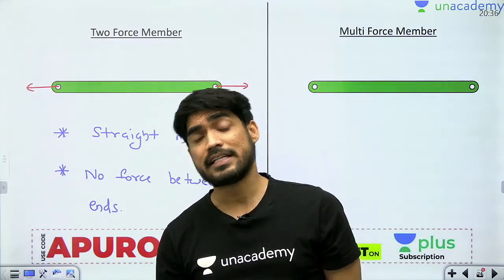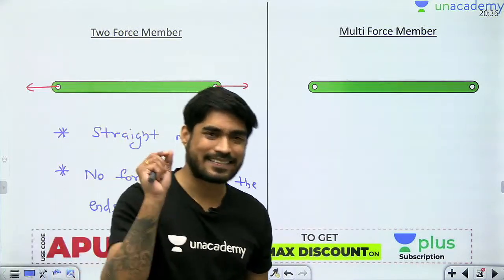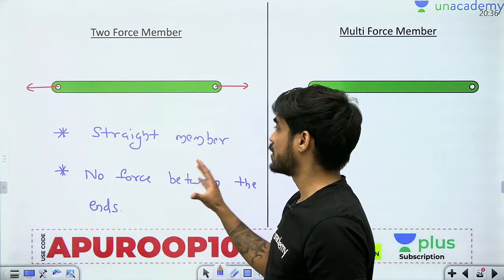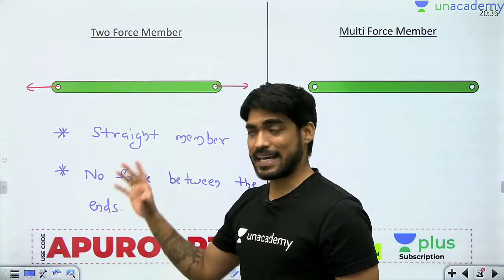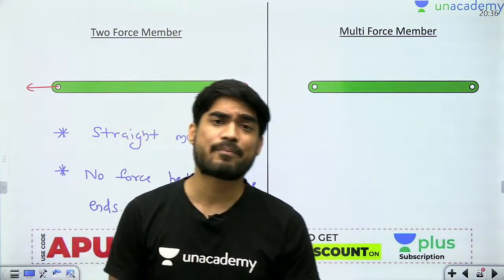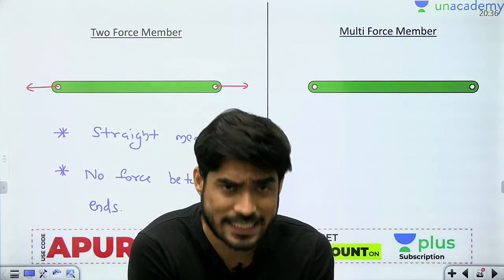तो आपको ये क्राइटेरिया याद रखना है, that it should be a straight member and there should be no force between the ends. एक तो ये स्ट्रेट मेंबर होना चाहिए और दूसरा एंड्स के बीच में कोई दूसरा फोर्स नहीं होना चाहिए.